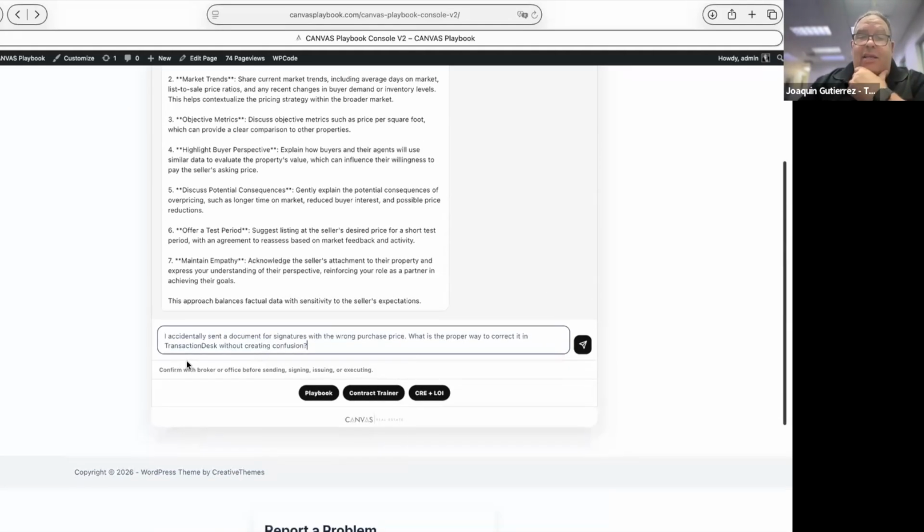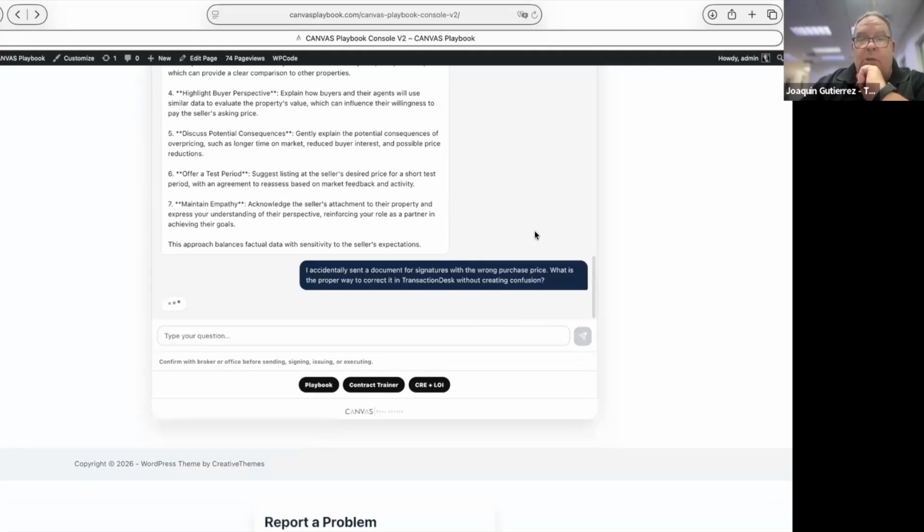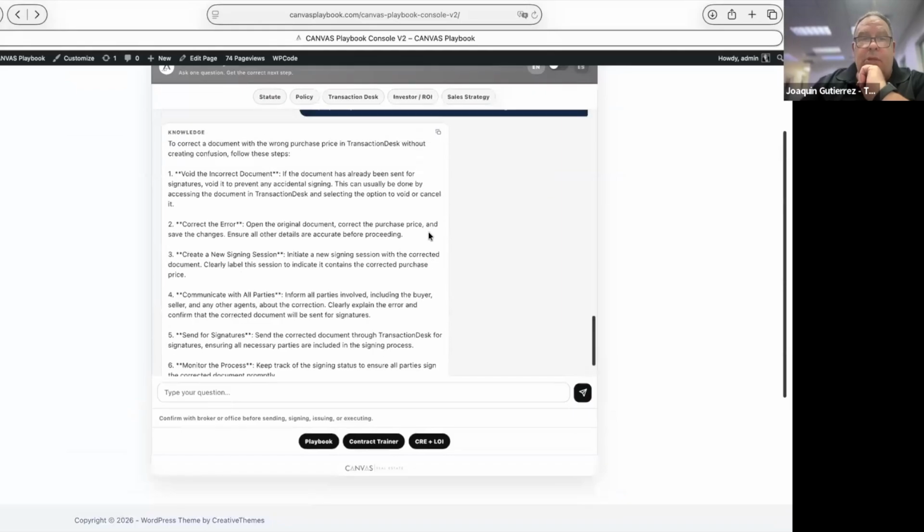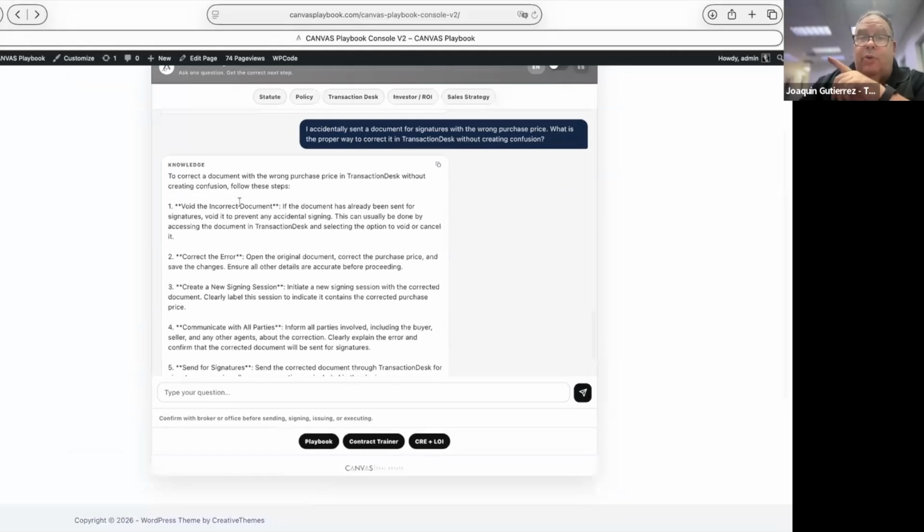I accidentally sent a document for signatures with the wrong purchase price. What is the proper way to correct it in TransactionDesk without creating confusion? Has anybody had that happen to them? To correct the document with the wrong purchase price in TransactionDesk without creating confusion, follow these steps.